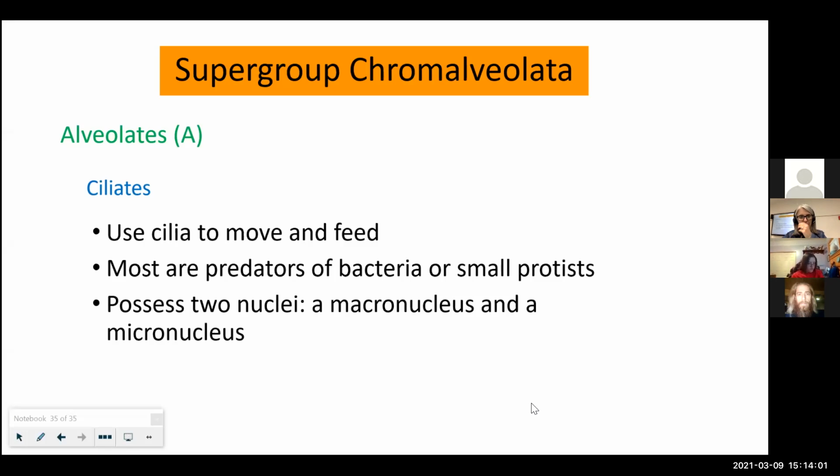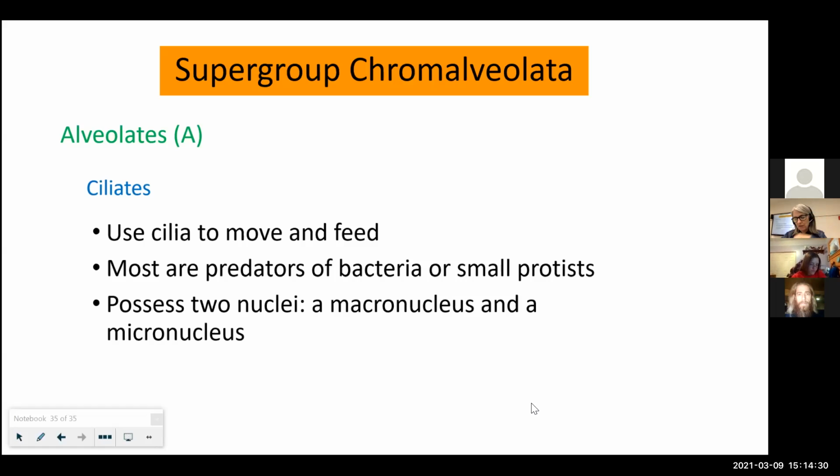So for example, the little cilia on the edge of the Vorticella cup are for feeding. And most of them are predators, and they prey on bacteria or other small protists. What's really cool about ciliates is that they have two nuclei, a big one called a macronucleus and a smaller one called a micronucleus.